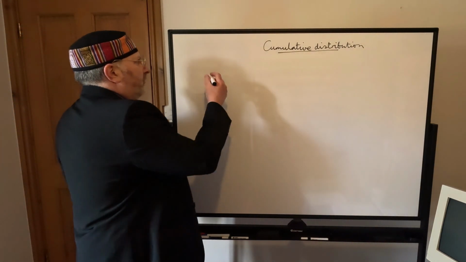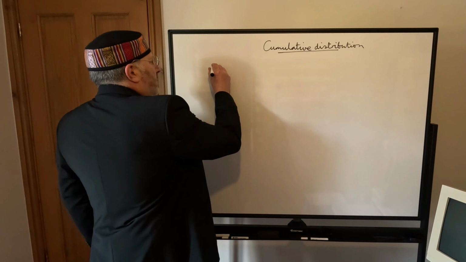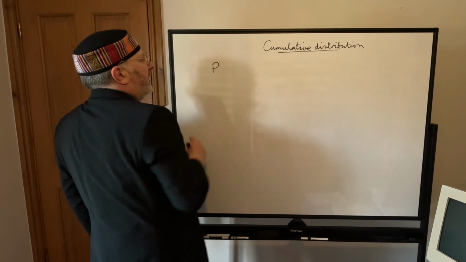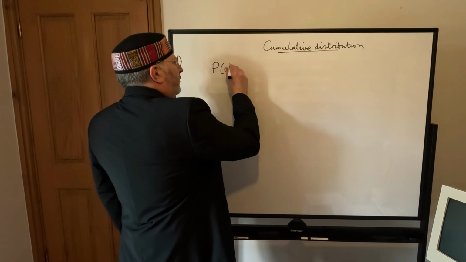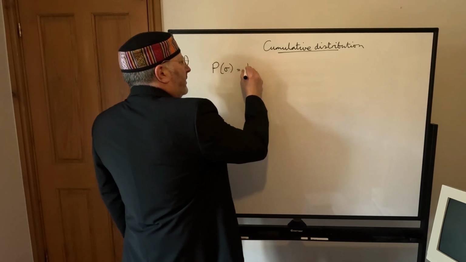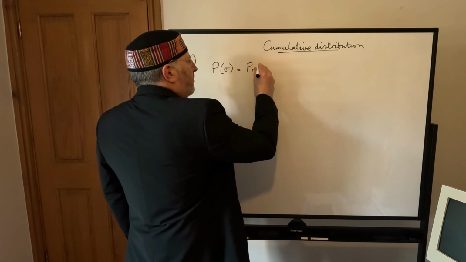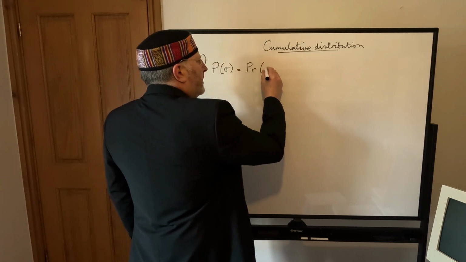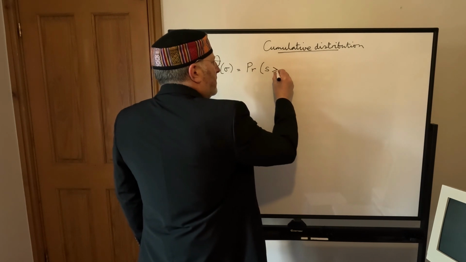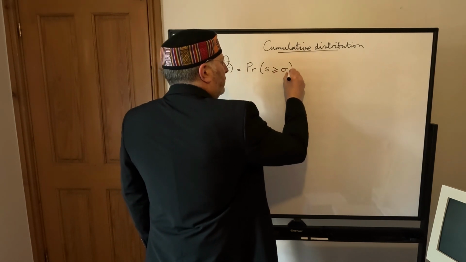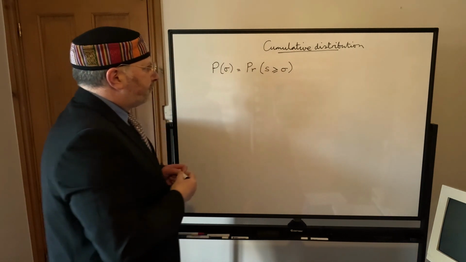So firstly, I'll just define the cumulative probability, which we'll represent with a capital P, of sigma is equal to the probability that the size S is greater than or equal to sigma.